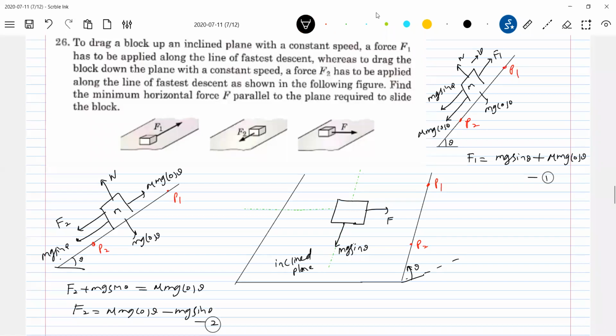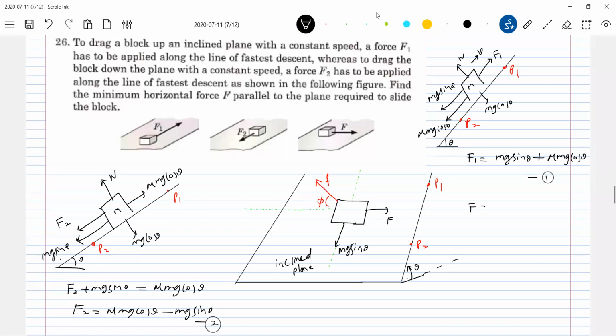Okay, now listen. How should the friction act? The direction of friction is very important. The friction will act at a certain angle, this angle we don't know. I'll equate the forces now.